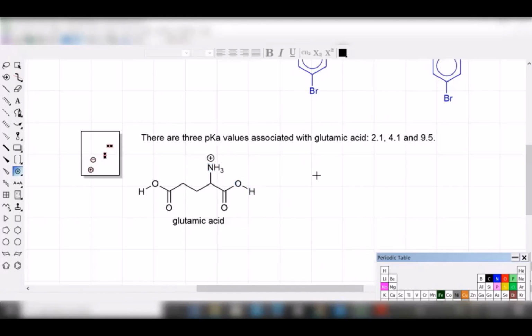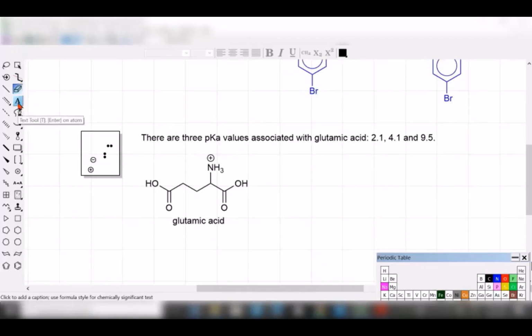Another thing you might want to take note of is which is the stronger acid. Obviously, carboxylic acid is a stronger acid than ammonium, because for carboxylic acid, the negative charge on the carboxylate conjugate base is resonance stabilized, delocalized into the carbonyl oxygen. But for the ammonium, the conjugate base is not stabilized by resonance.